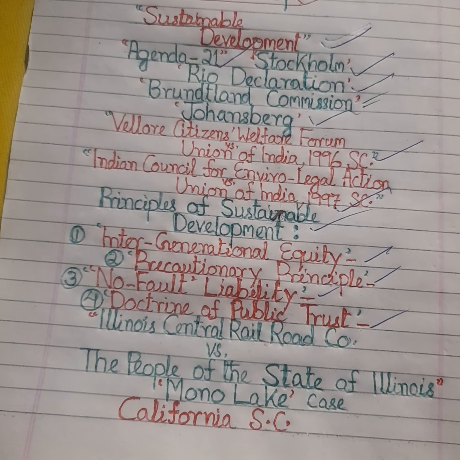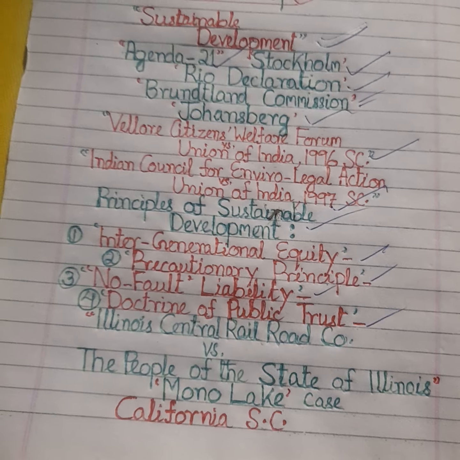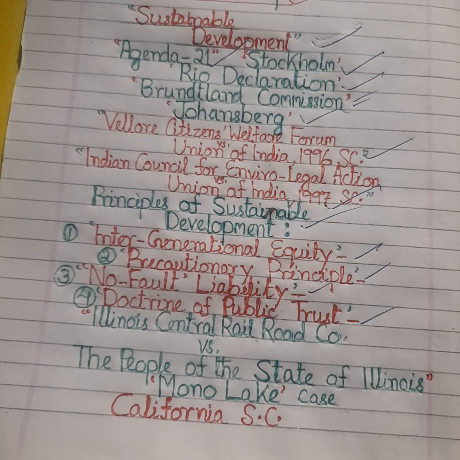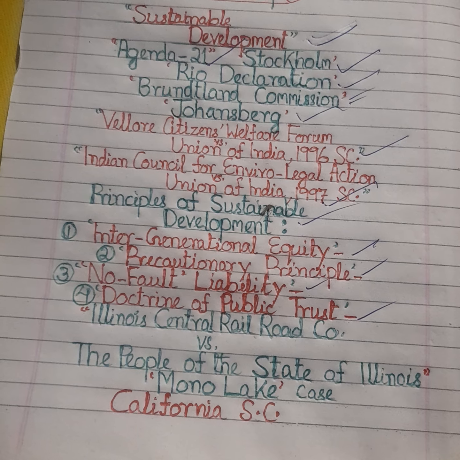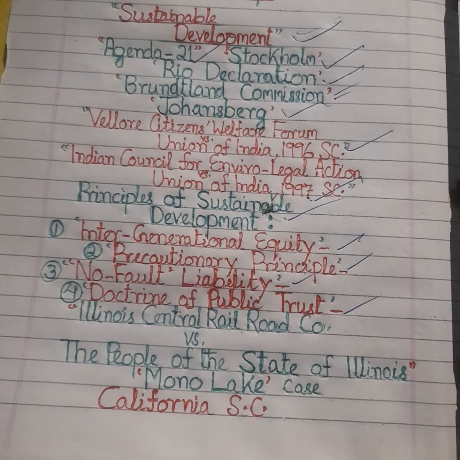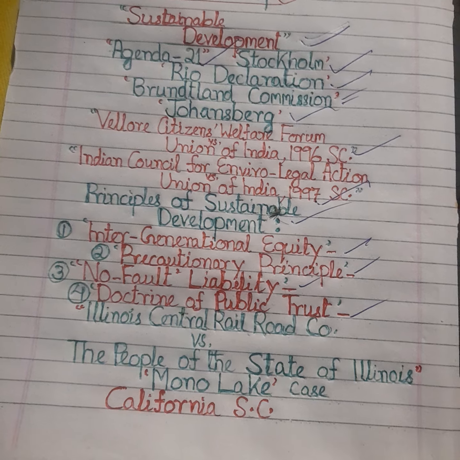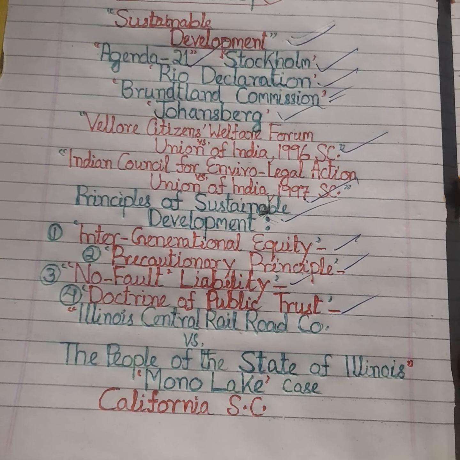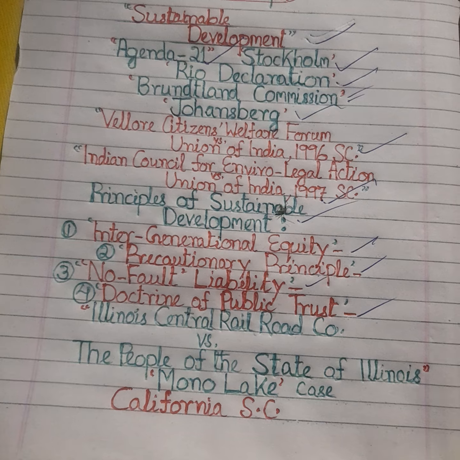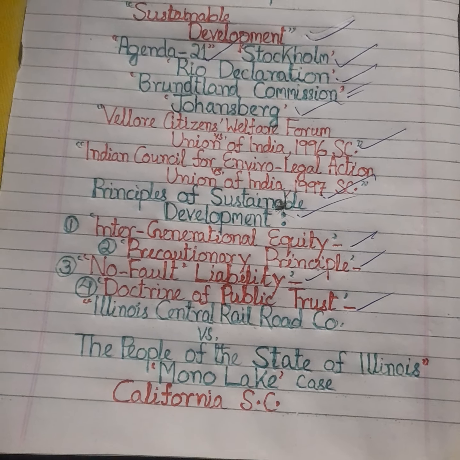The precautionary principle was directly and in detail applied again by the Supreme Court in the Taj Trapezium case in 1997 on the petition filed by M.C. Mehta.